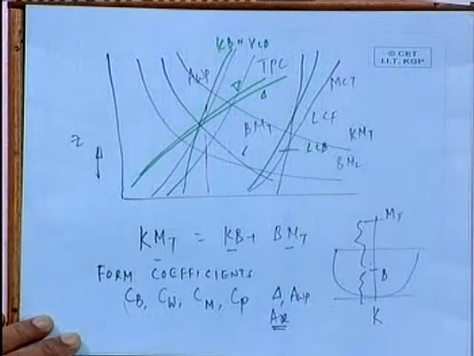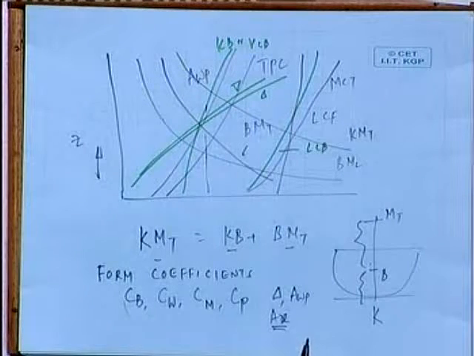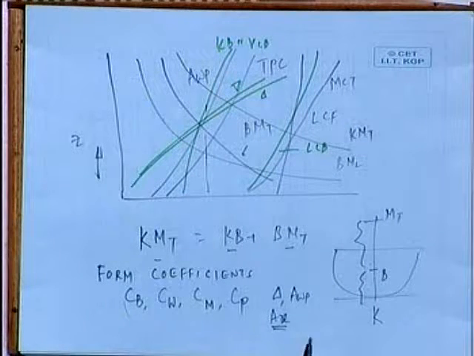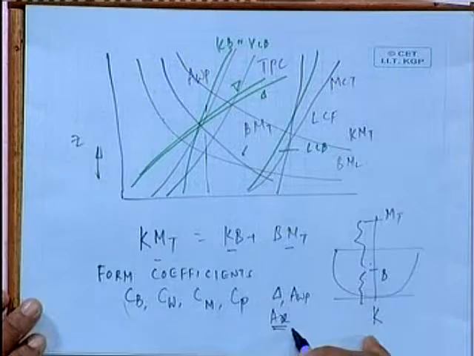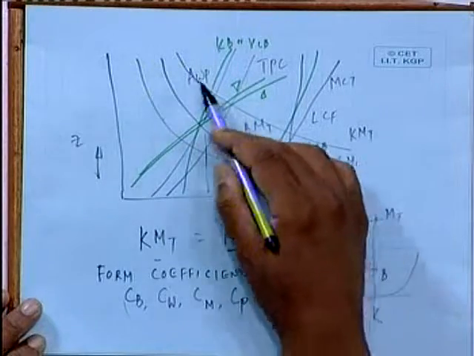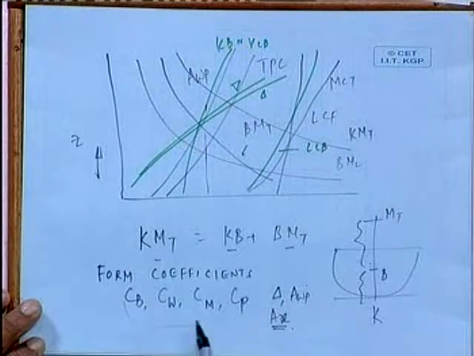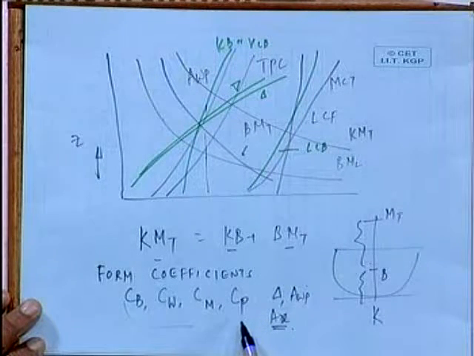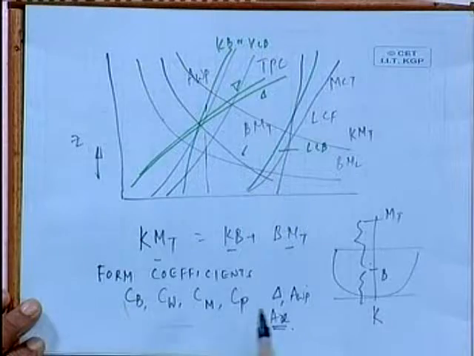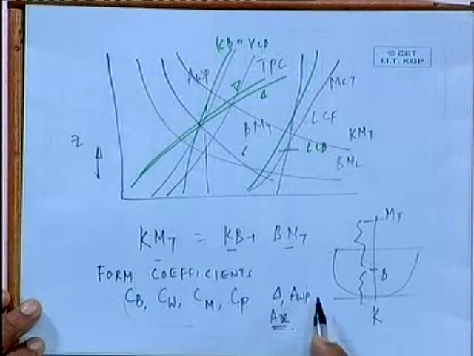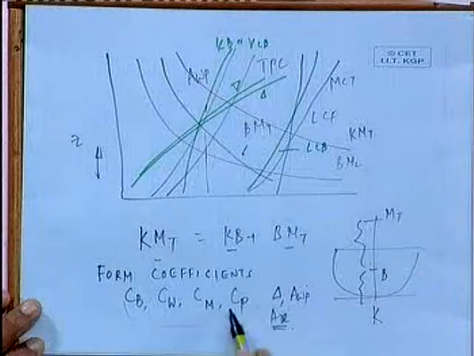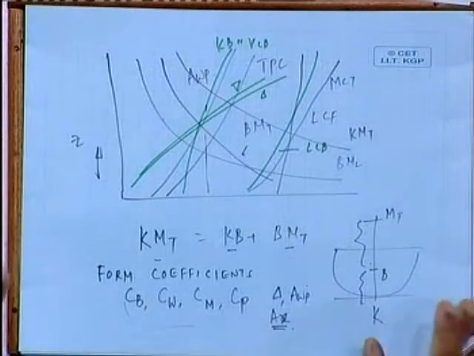Midship area is available from Bonjean's. The Bonjean curve you have done gives areas up to each line for each section. AWP is already available here. So all these can be easily calculated, because CB equals displacement by L B into T, and CW equals AWP by L into B, and so on. So you plot all these.